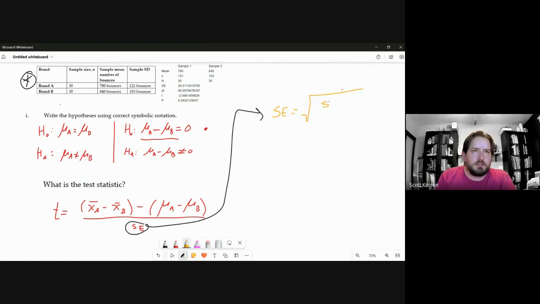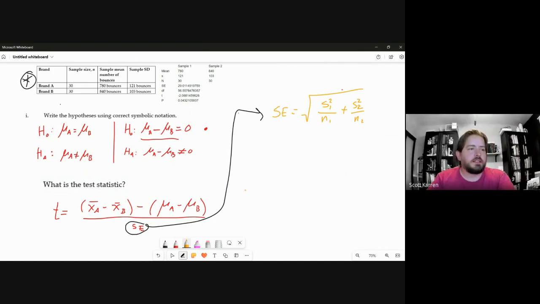The variance of sample 1, so the variance, which is s squared, or the standard deviation squared, over n1, and then plus s2 squared, the standard deviation of sample 2 squared, divided by n2, right? So that is our standard error. That's what goes down there in that denominator, right?